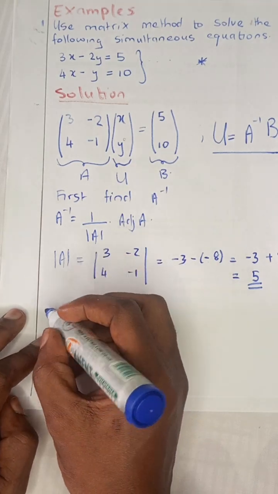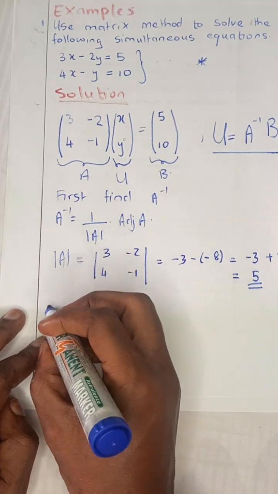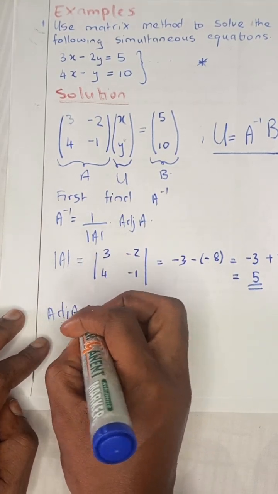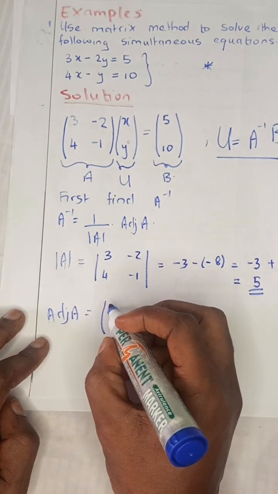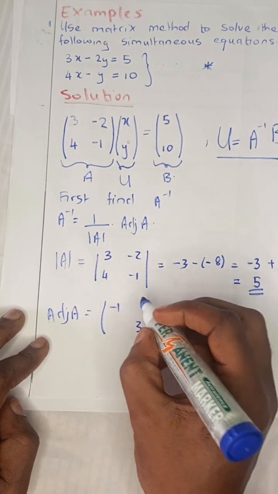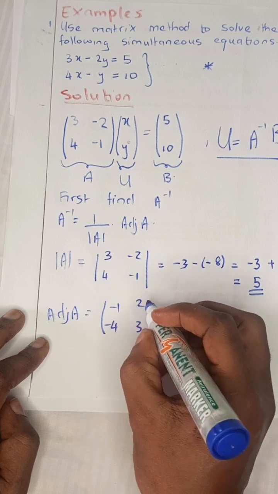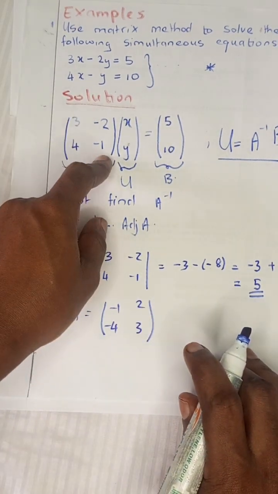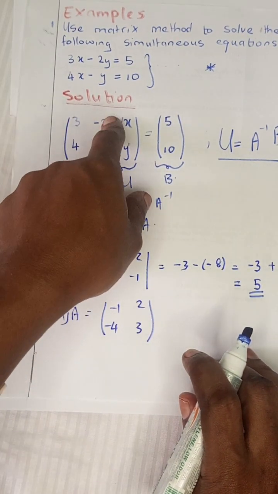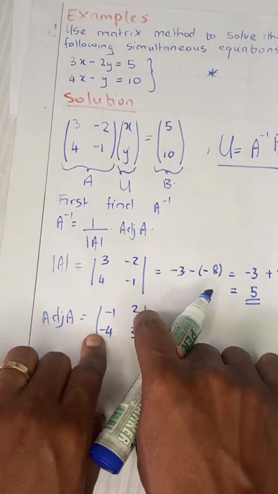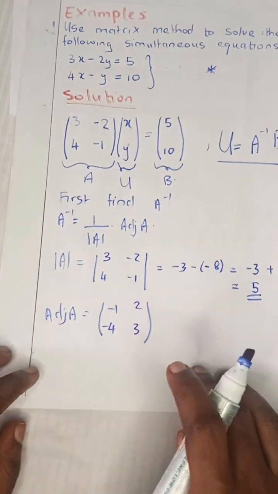Next, we need to find the adjugate of A. Adjugate of A will simply be -1, 3, 2, -4. You interchange the entries of the leading diagonal, and then you change the signs of the alternate diagonal. That's what we've done here.